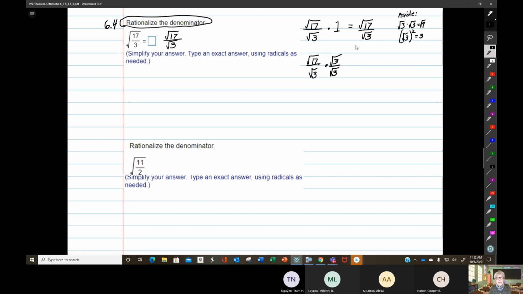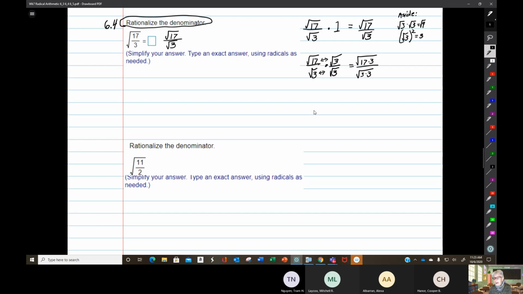Anytime you have a fraction with exactly the same thing in the numerator and in the denominator, that's 1. But now here's my plan. I'm going to multiply the bottoms together, the denominators, and I'm going to multiply the tops together, the numerators. That will give me the square root of 17 times 3 over the square root of 3 times 3.